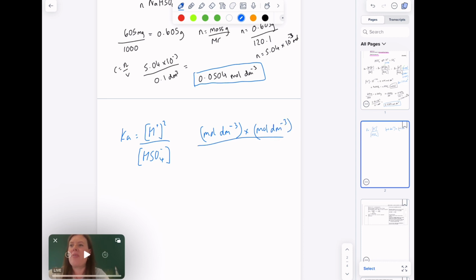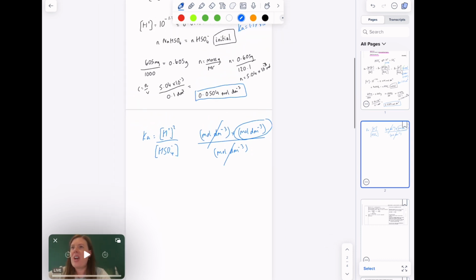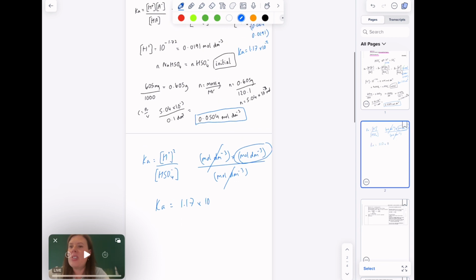I always write it out in full so that I can just cancel down to make sure that I've got the correct unit. So it's over 1 mole per decimetre cubed. If I cancel that out, then what I'm left with is moles per decimetre cubed on the top of the equation, and that would therefore be my unit. So the final answer would be Ka is equal to 1.17 times 10 to the minus 2 moles per dm cubed.